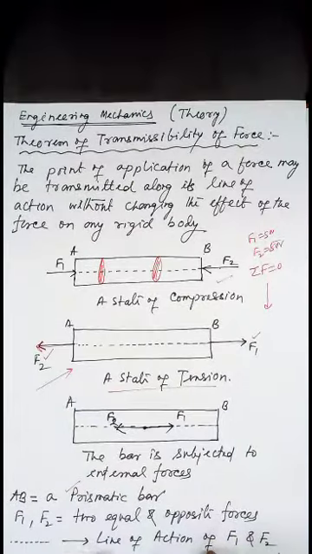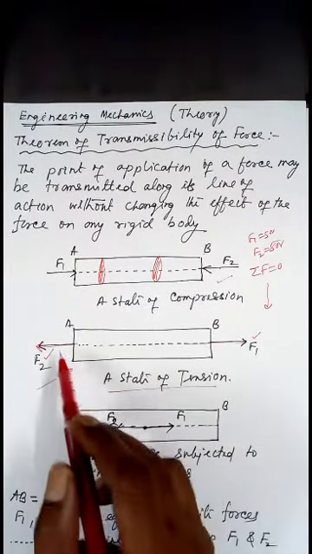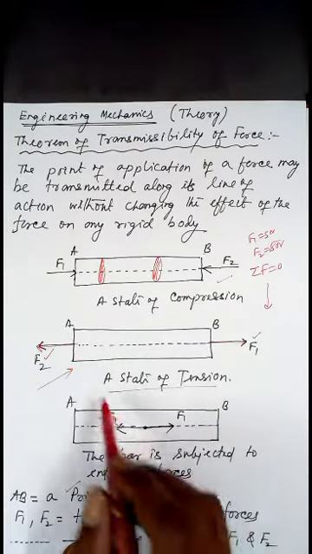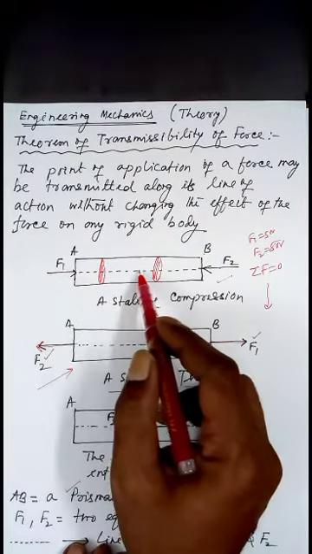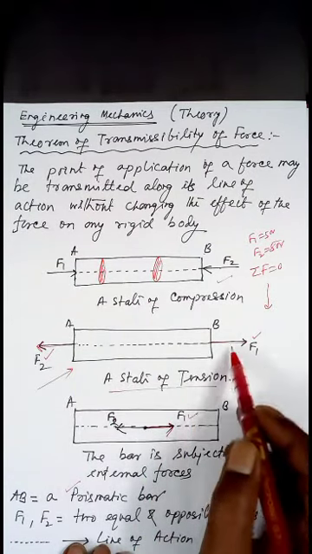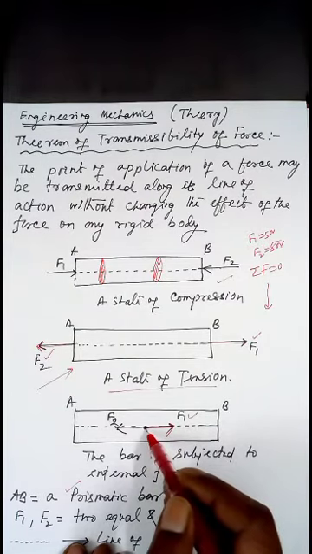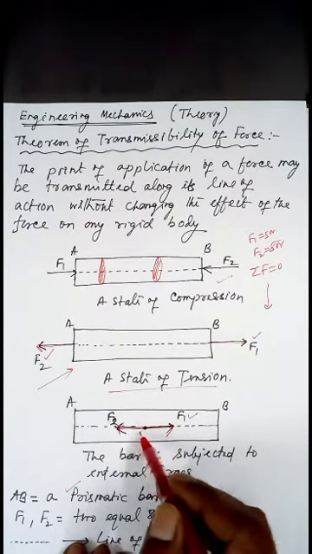Now if you consider a point in between, this F1 while getting transmitted arrives here, and this F2, while transmitted along the dotted line, along the line of action, arrives here.